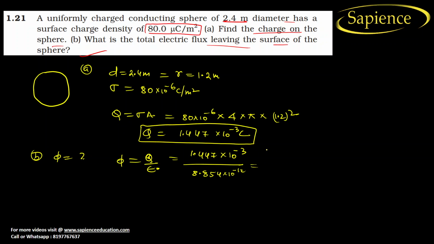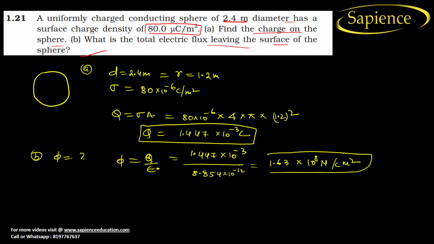When you calculate it, you will get 1.63 into 10 to the power 8 Newton per coulomb meter square. So I hope you have understood this one. So this is the answer they required.